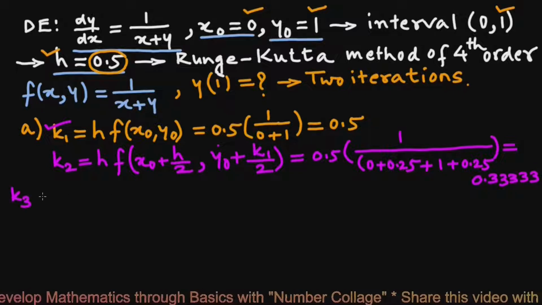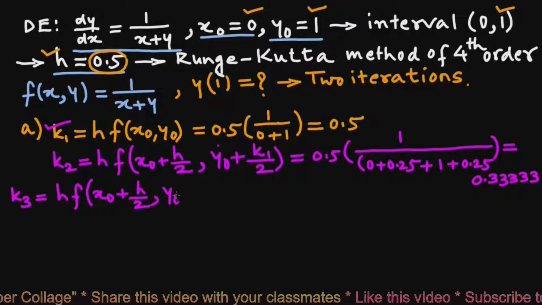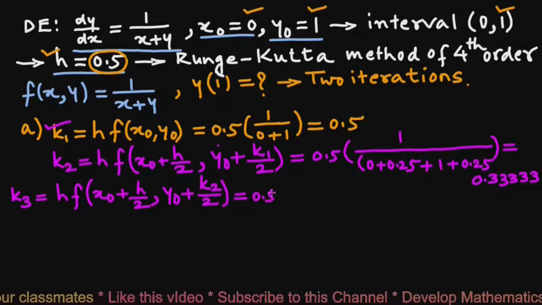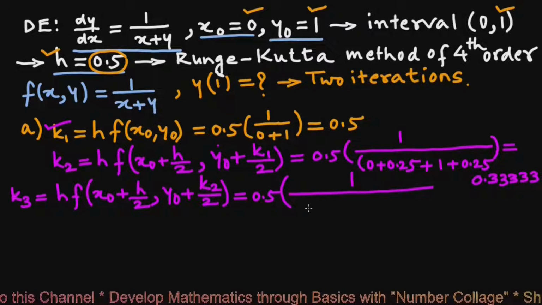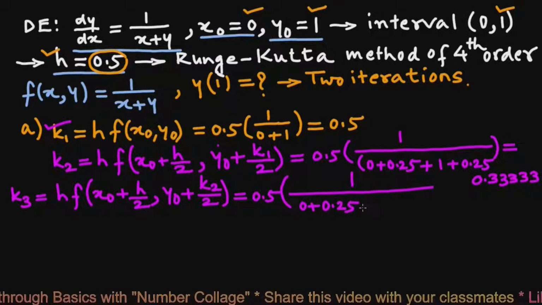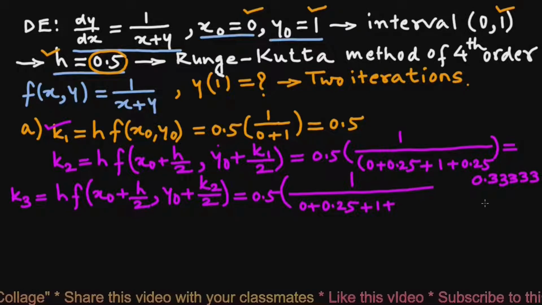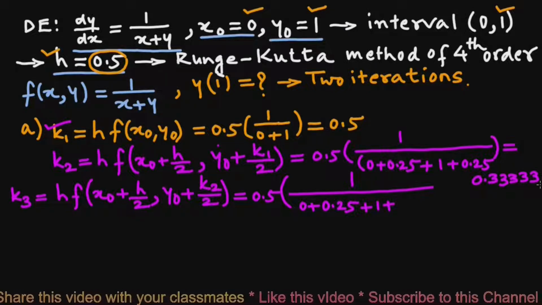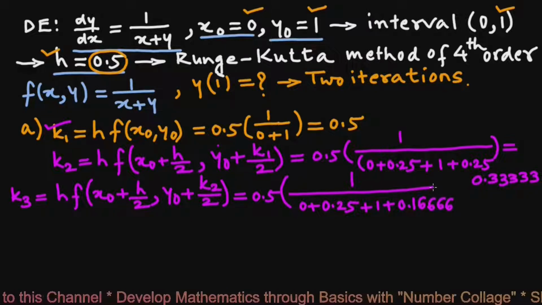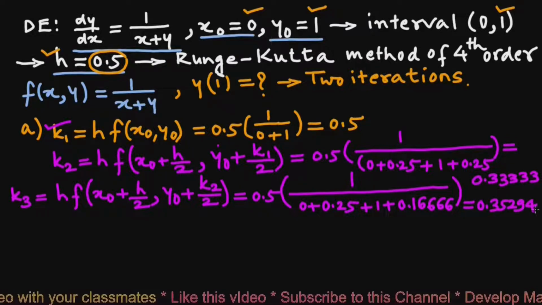Next k3 will be h times f of (x0 plus h by 2, y0 plus k2 upon 2), so that will be 0.5 into 1 upon 0 plus 0.25 as before, plus 1 for y0, plus k2 upon 2 will be 0.5 times 3 upon 2, that will work out to 0.35294 on calculator.